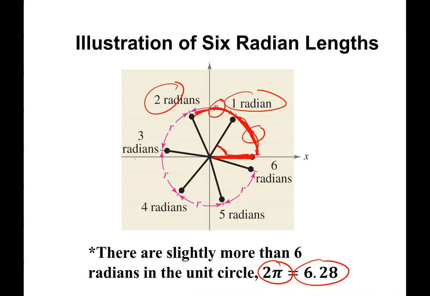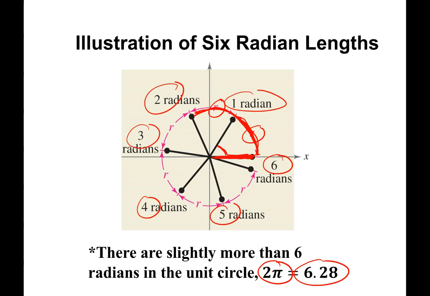Then if you had an arc where you could put 3 radius lengths, that would be 3 radians. And of course, notice that that's just shy of pi, which would be 3.14. Then 4 radians, 5 radians, and 6 radians would always just be a little bit shy of 1 full revolution.